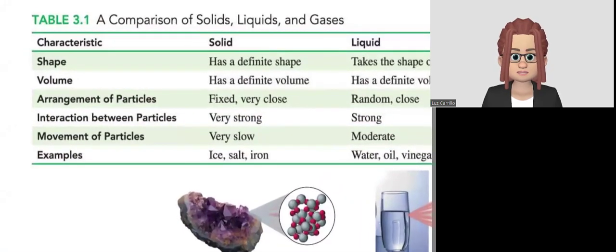When it comes to matter that is classified as a solid, we can see that it has a definite shape, it has a definite volume, the arrangement of the particles is very close, the interaction between those particles is very strong, and then the movement of the particles is slow.